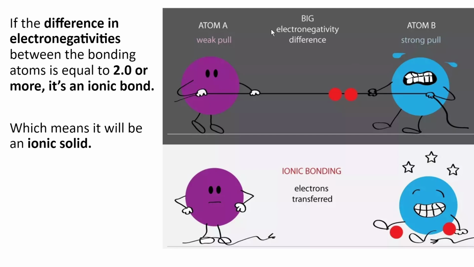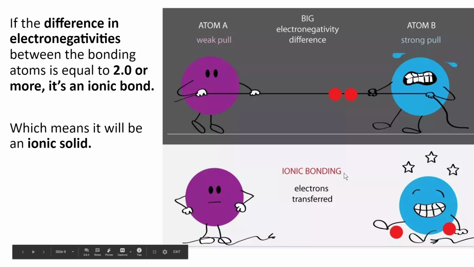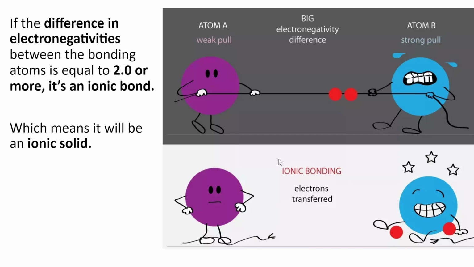There's a really big electronegativity difference between these elements. So what happens, instead of sharing these electrons, the electrons are just being transferred. It's an ionic bond. Okay? So we need an electronegativity difference below 2 for it to be a covalent bond and them sharing them. Okay?